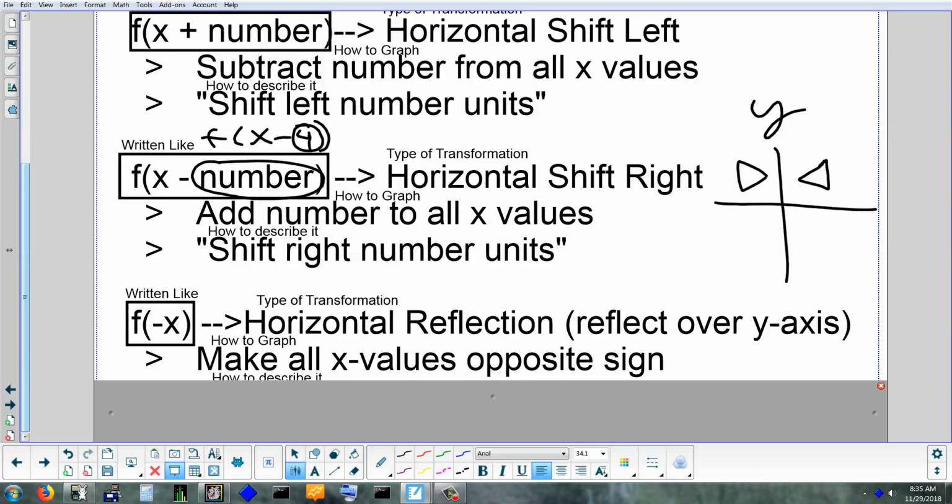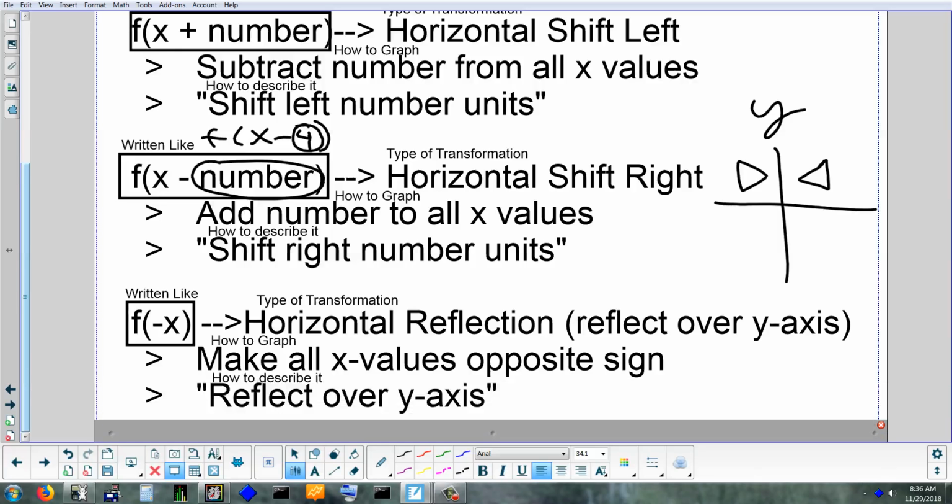All right, so to flip it, if you have to graph it, you're going to take your original coordinates and you're going to make all the x values opposite. So in the last one, we made all the y values the opposite in the last reflection. This time it's all the x values. In the way you pronounce it or say it, it was all pretty much in the description up above. It's a reflection, or I think somebody used the word flip. Well, a lot of people say flip, that's fine. Flip over the y-axis.